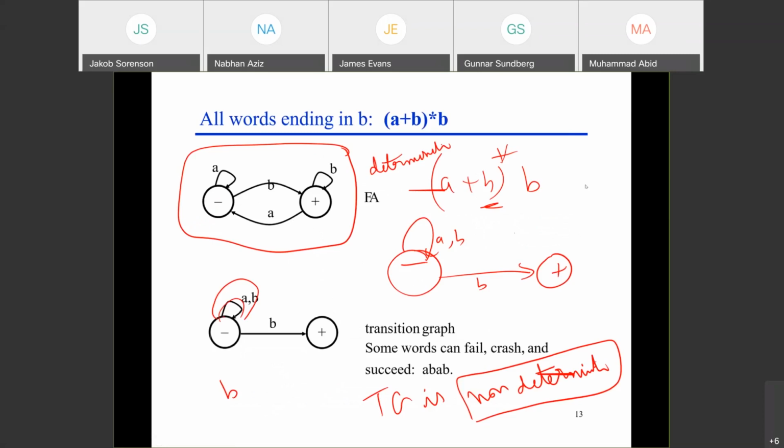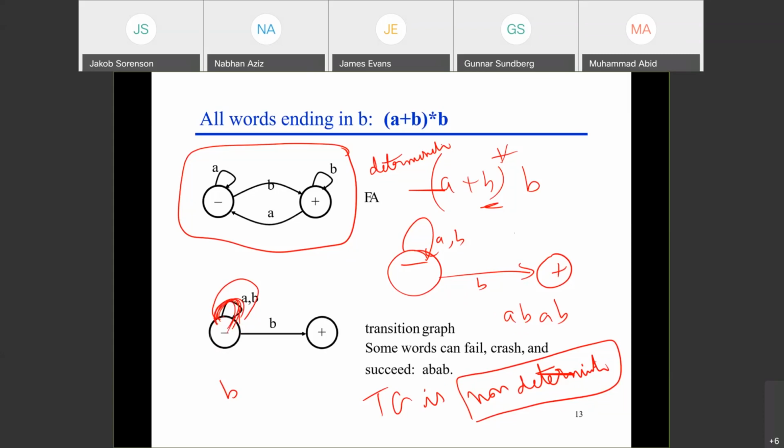Oh, here, A, B can fail. Yeah, so let's see. Some words can fail, crash, or succeed. Because if you have A, B, it depends on how you choose in this machine. If you choose A, B, this will fail.